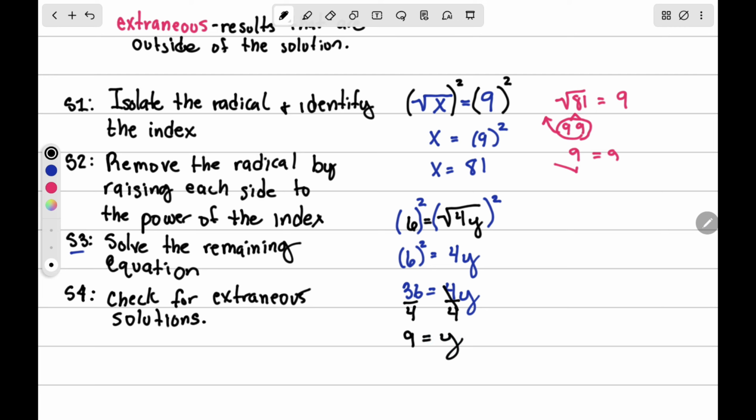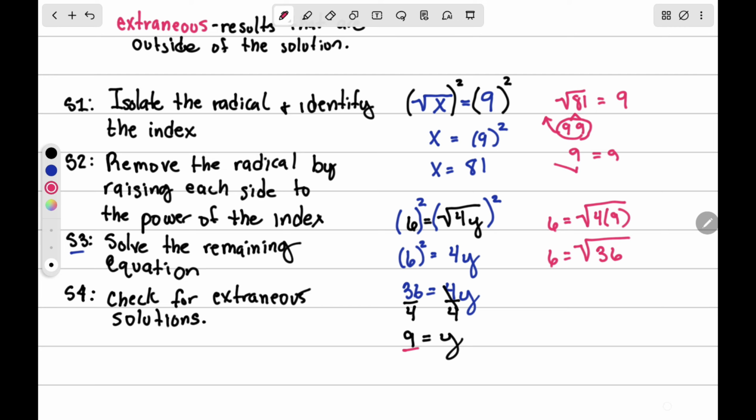Now we're going to check if the solution is extraneous or not. Here we go. So we had 6 is equal to the square root of 4 times what we say y is? 9. All right. So we'll bring the 6 down, equals the square root. 4 times 9 is what? 36.